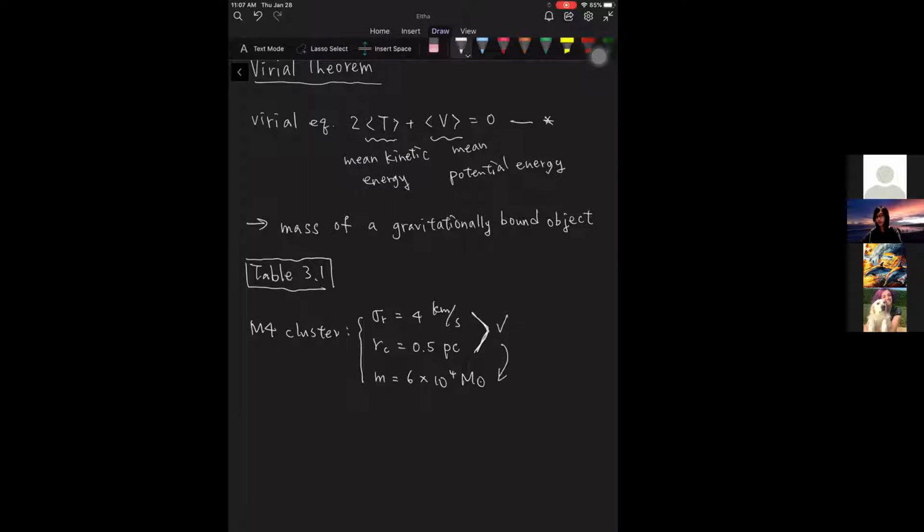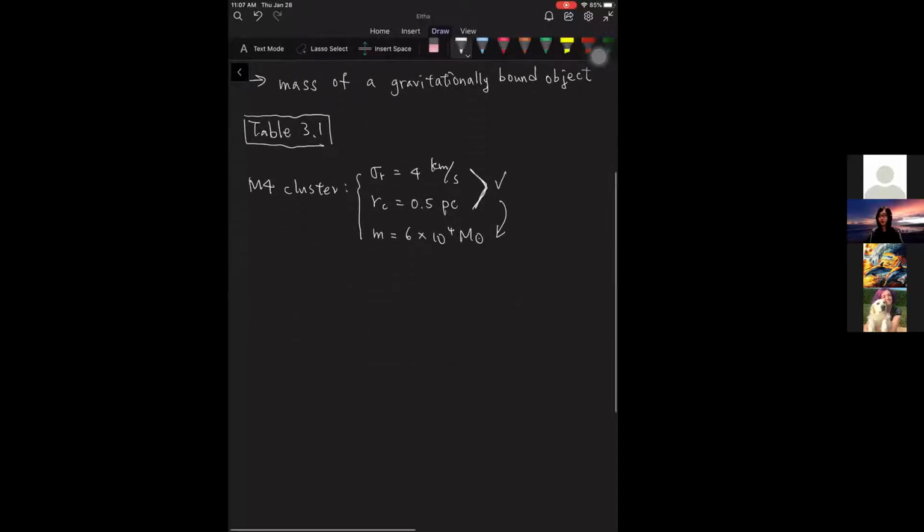And we can see if our derived virial mass is about the same as the mass measured by another approach. If they are similar, then it means this object is probably gravitationally bound. Okay, so let's start.